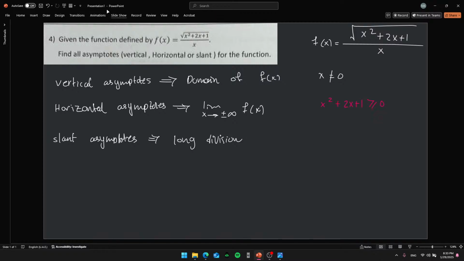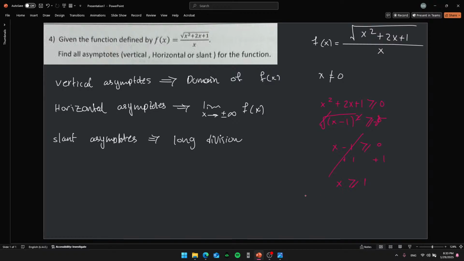Let's move it on. Now, let's take the square root of both sides. The square root will cancel with the square, so x minus 1 is greater than or equal to 0. Plus 1, plus 1. This will cancel. x is greater than or equal to 1.